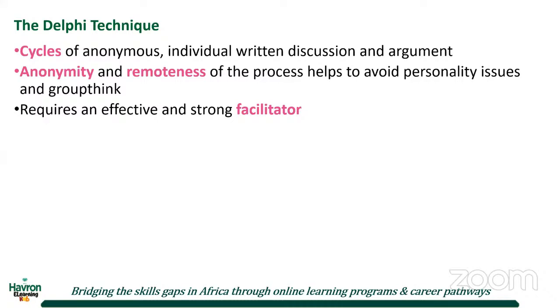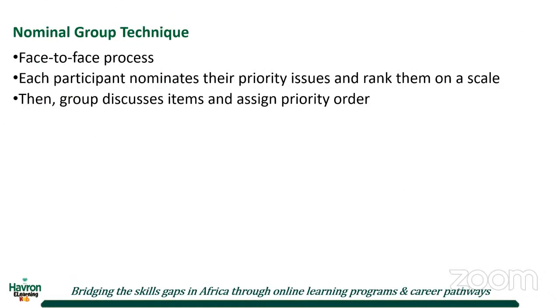The anonymity and remoteness of the process help with issues of group thinking. It also gives people the opportunity to think things through on their own time, to consider other arguments adequately. Then the next is the nominal group technique.